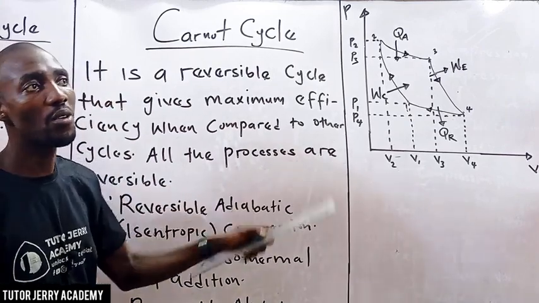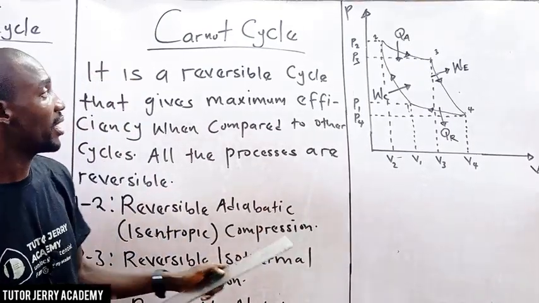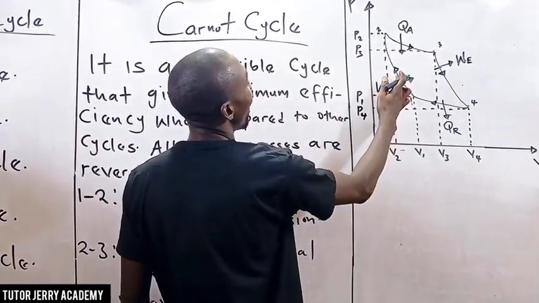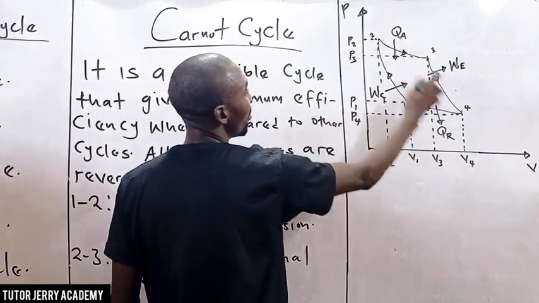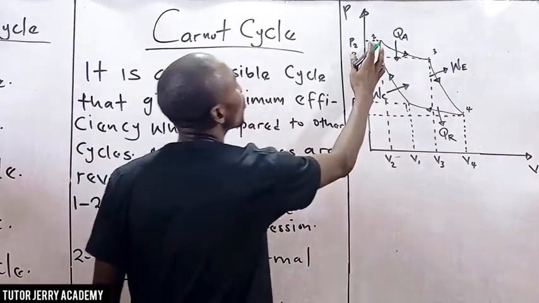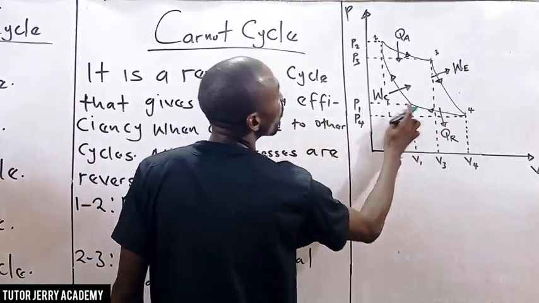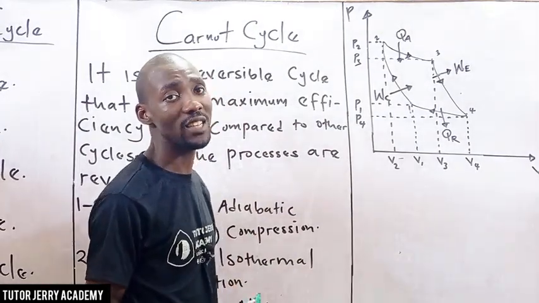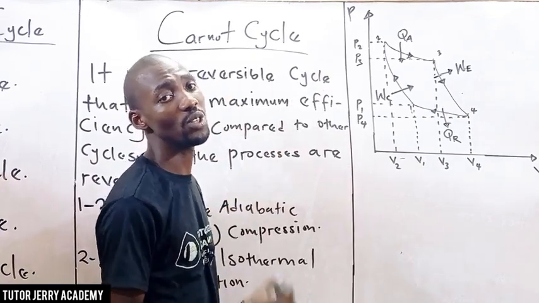And of course, you know, for your thermodynamic processes, we are just having two types of processes here. We are having adiabatic, because from 1 to 2 is adiabatic, from 3 to 4 is also adiabatic, and from 2 to 3 is isothermal, and from 4 to 1 is also isothermal. And during adiabatic process, we know that PV^gamma is equal to what? Constant.